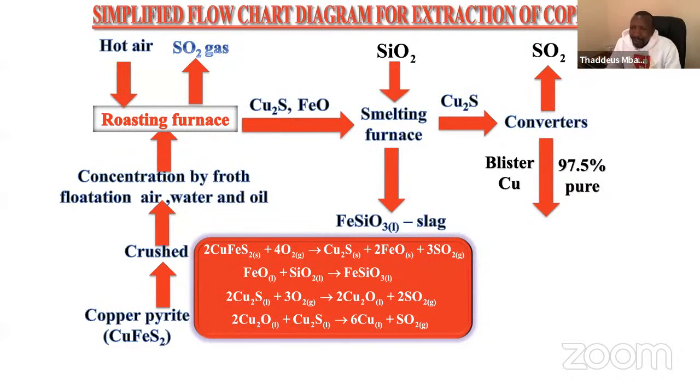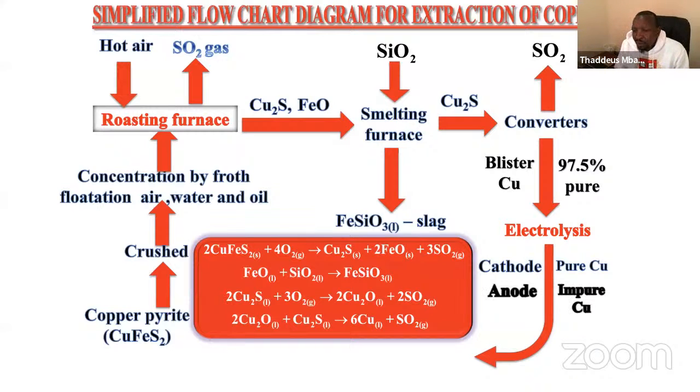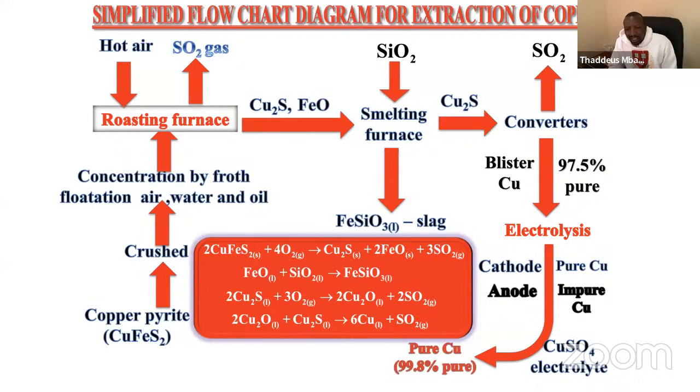Good. Then now we have blister copper, whereby we go to purification via electrolysis, whereby the cathode is pure copper, the anode is impure copper, and the electrolyte is copper sulfate to get 99.8% pure copper. And that is a summary of the entire process of extraction of copper in one page.